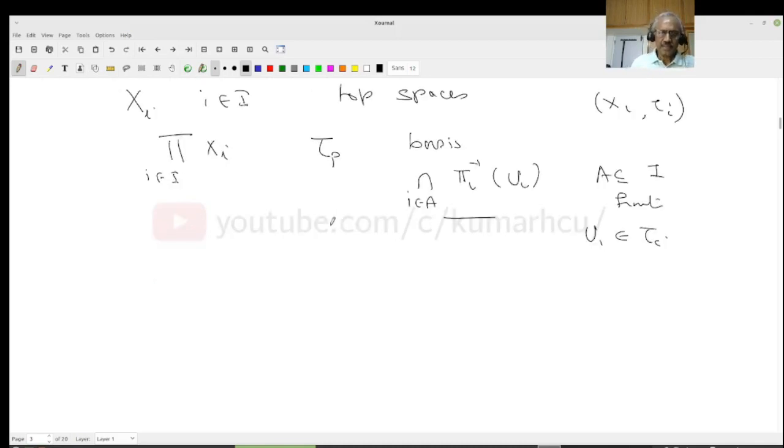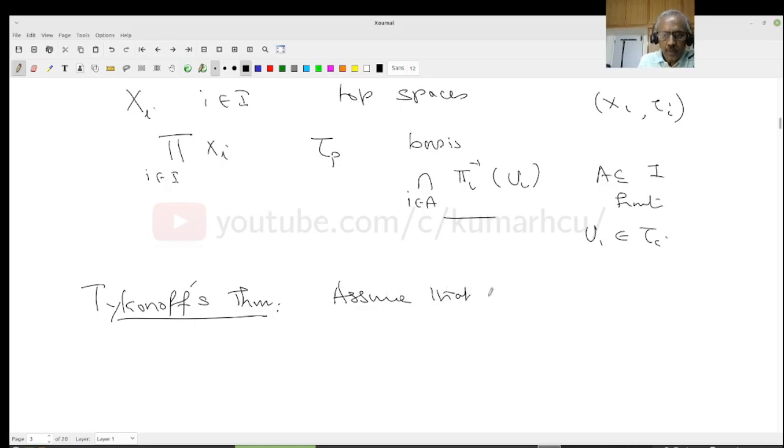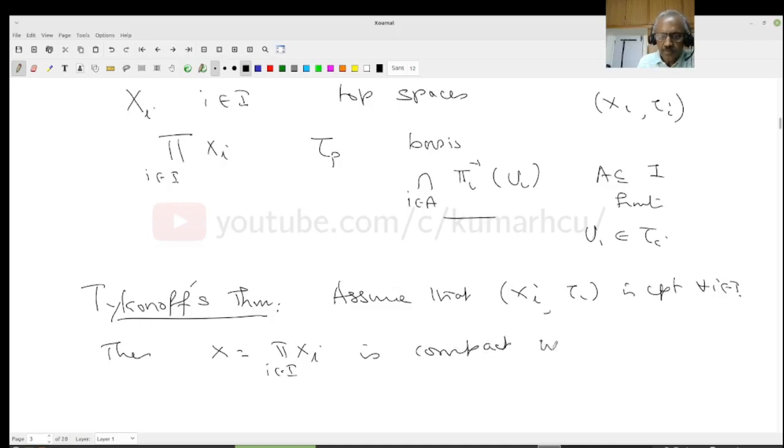Right. So let us see what Tychonoff's theorem says. Assume that (X_i, τ_i) is compact for each i in I. Then X equal to the product of X_i, i in I, is compact with the product topology τ_p.